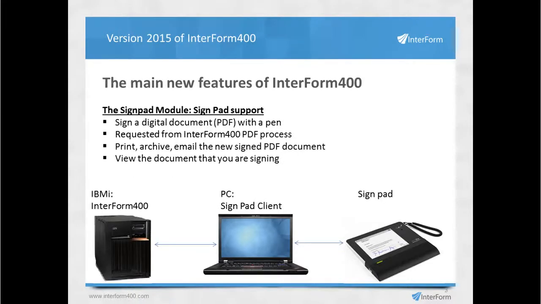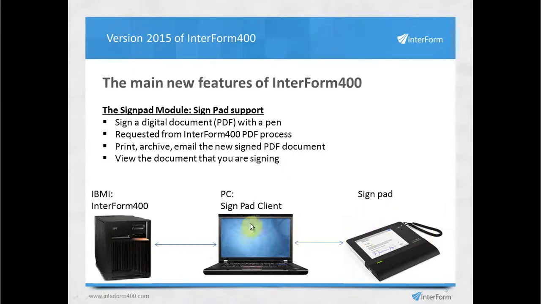So first, Interform400. The Signpad module was introduced last year, but now we have added a bit more functionality. You install a Signpad client on a Windows PC, and on that Windows PC you have a Signpad connected through a USB port, and this client communicates with Interform400 installed on an IBM i, where we're running a subsystem running a job that communicates with this client.